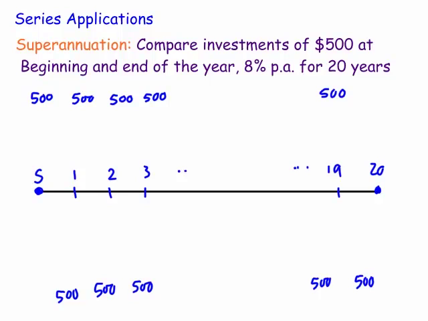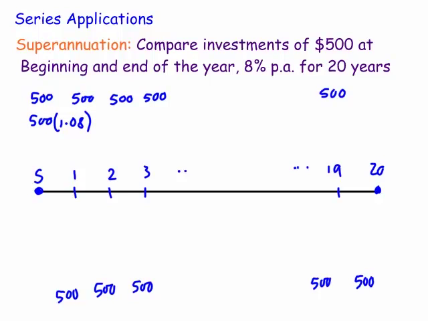So we have all these different amounts flying through time, and I'm now going to write down how much interest they're going to accumulate. So this will be 500 times 1.08 to the power 20, because this is going through for 20 years.